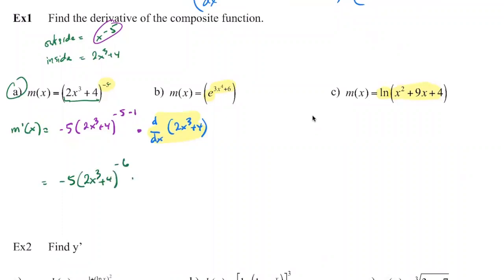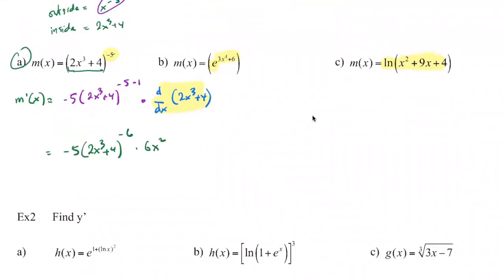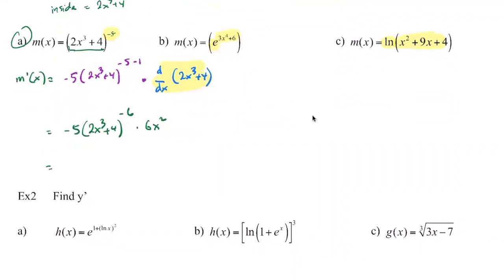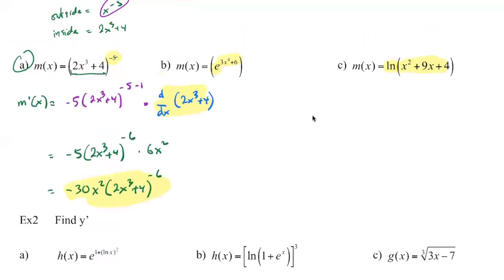Well, d/dx of 2x to the third plus 4, using the power rule, is just 6x squared, right? You guys agree? So now we combine the negative 5 and the 6, and that becomes negative 30x squared times 2x to the third plus 4, raised to negative 6, and that is the derivative of this function.